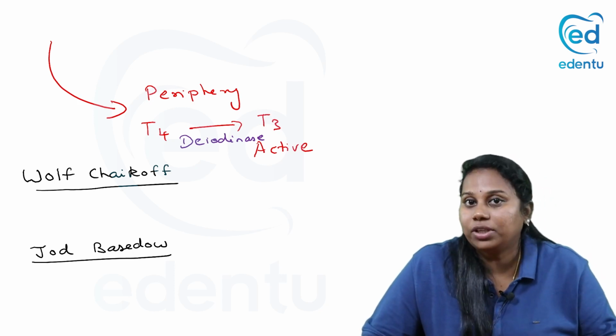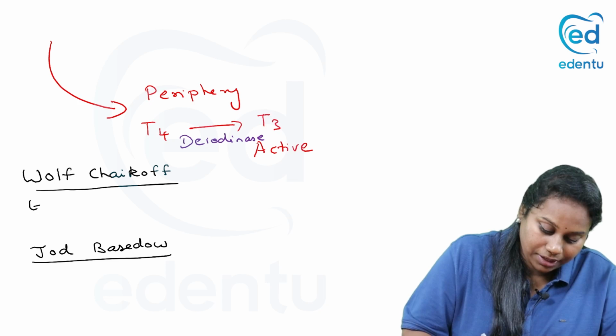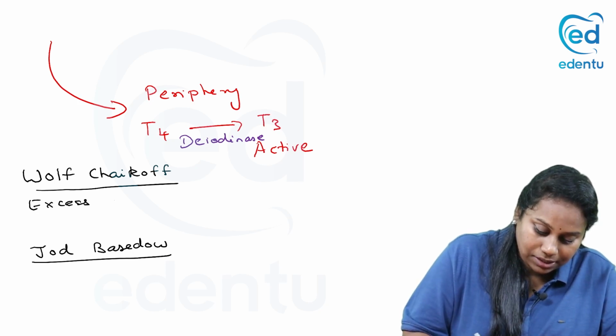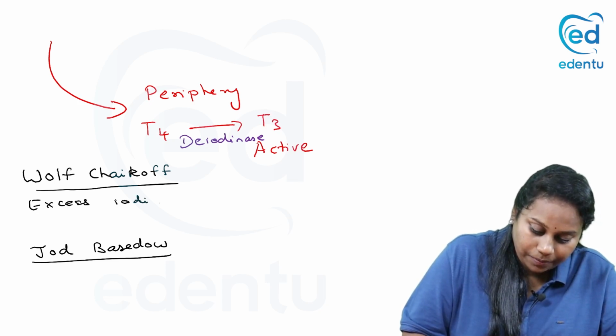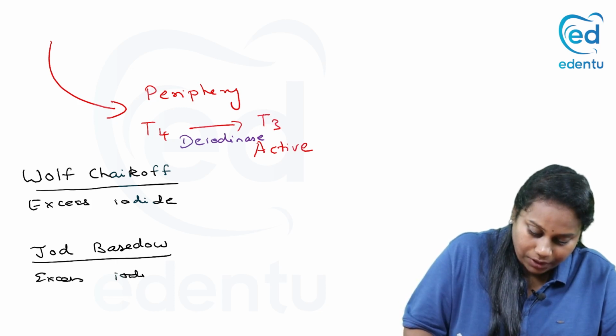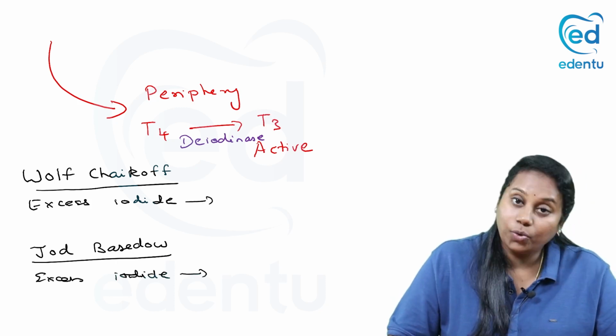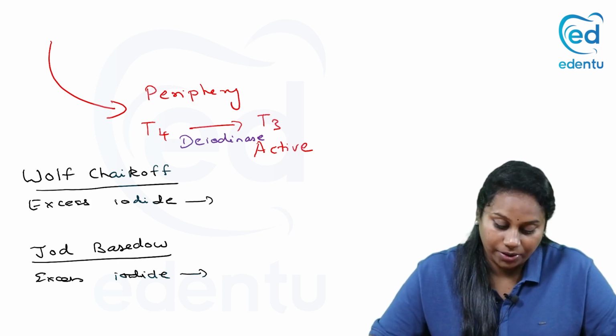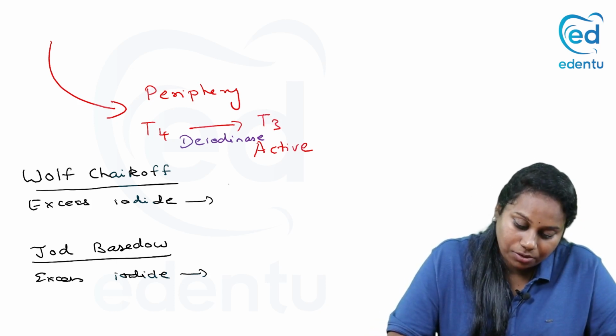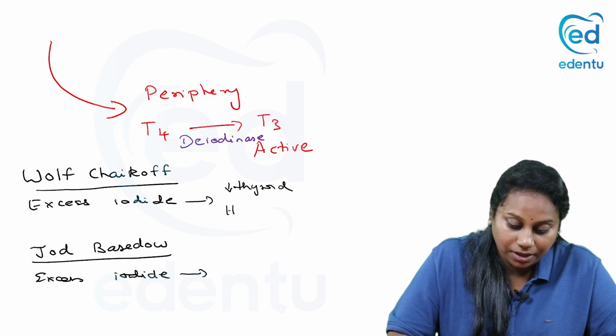The trigger for both the effects is the same. The trigger is excess iodide. So whenever you have excess iodide, you can have dual effects. Excessive iodide levels sometimes can cause a decrease in thyroid hormones and can result in hypothyroidism.